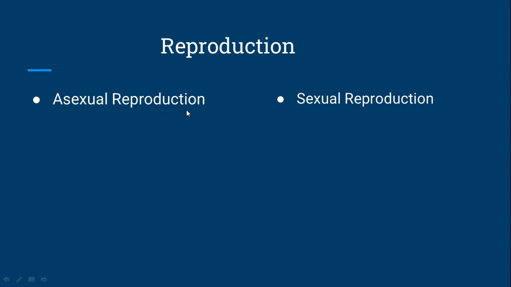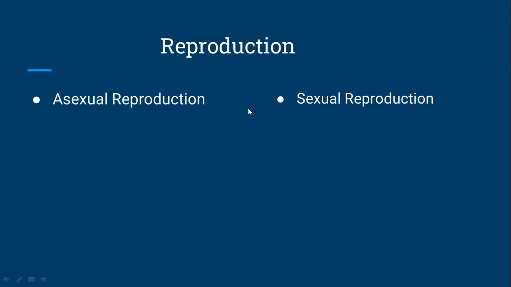Only one parent is involved, and in this fungus, only non-motile asexual spores are produced. What is sexual reproduction? Sexual reproduction is that mode of reproduction in which there is a fusion of gametes which are produced in their respective sex organs, that is, the male sex organ or the female sex organ.